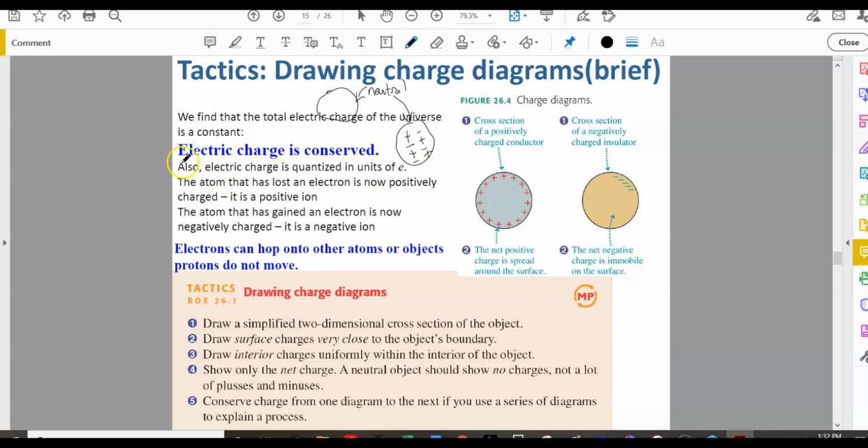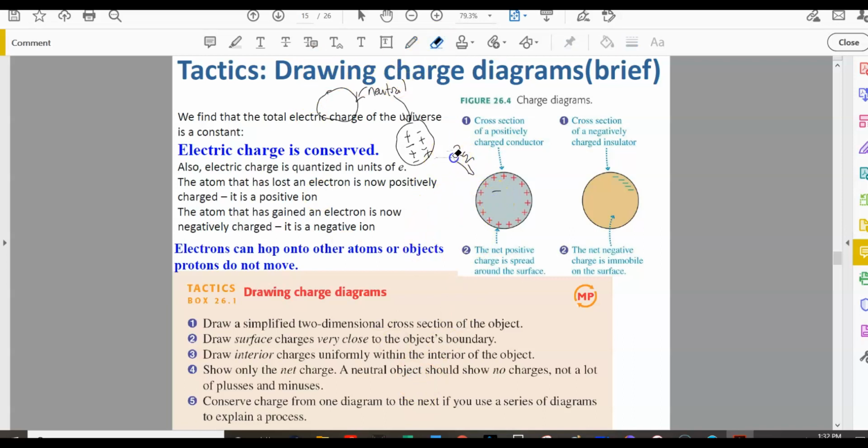Another thing to keep in mind is that charge is conserved. So if you took exactly 2 electrons from this object and dumped them onto here, you wouldn't have 2 electrons changing place and then only 1 end up here, right?